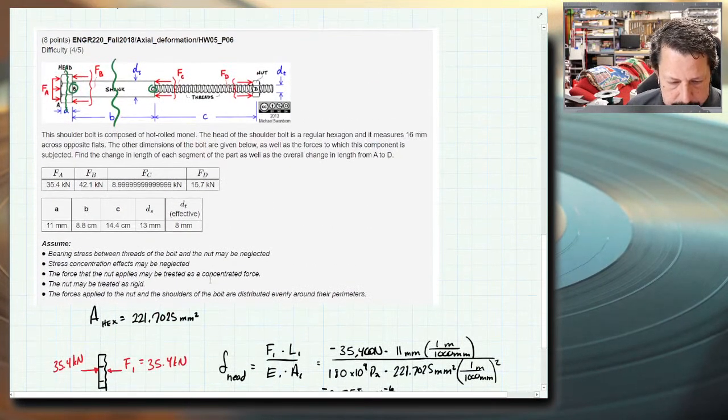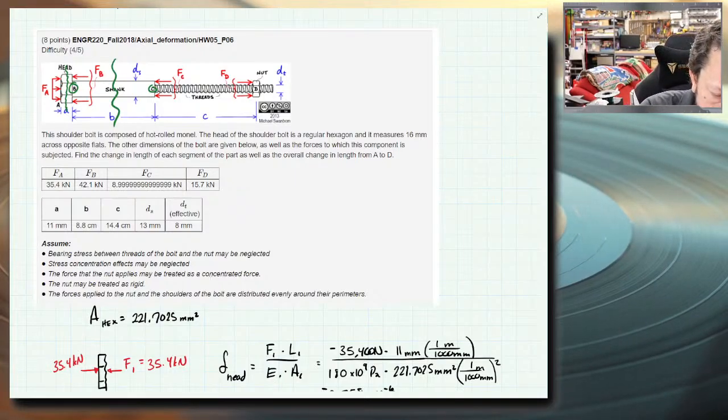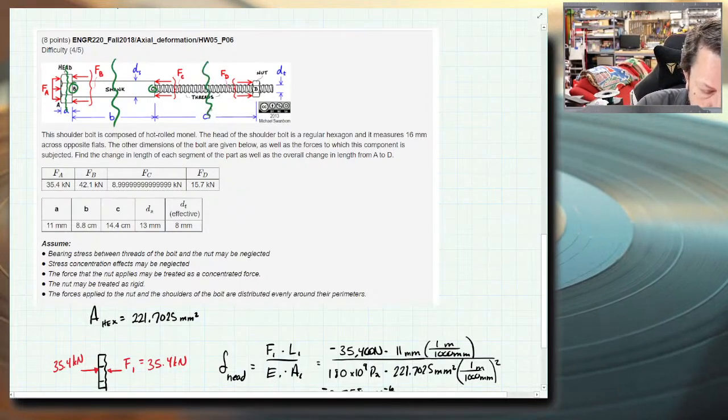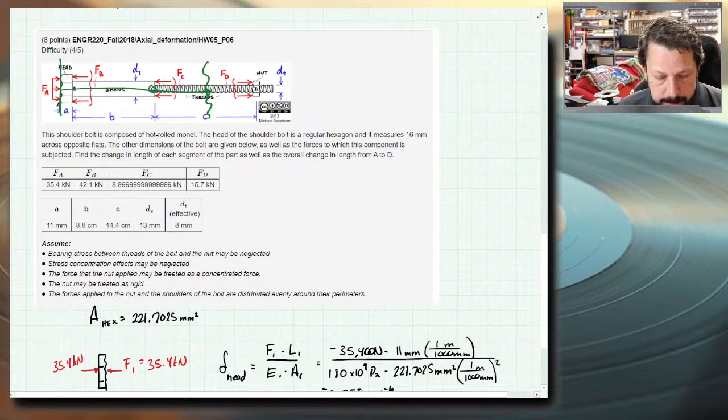Then it asked us to do the next section, the thread section. And we would do the same thing. We would cut through the middle of here, pretend it's not cut over on either of these, and draw the free body diagram starting from here and going all the way to here. And we would find our internal force, the thread area.